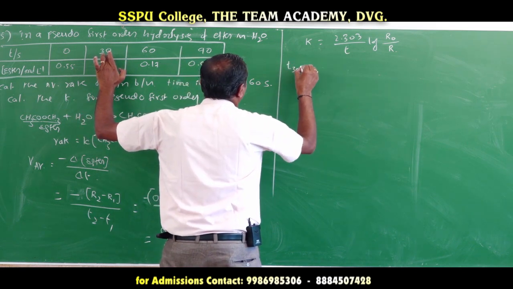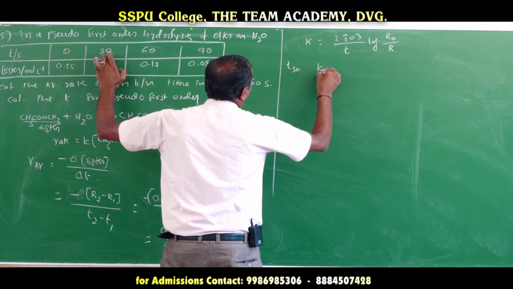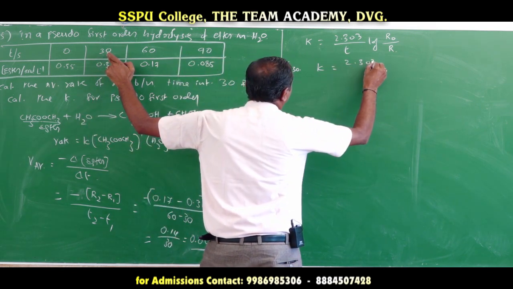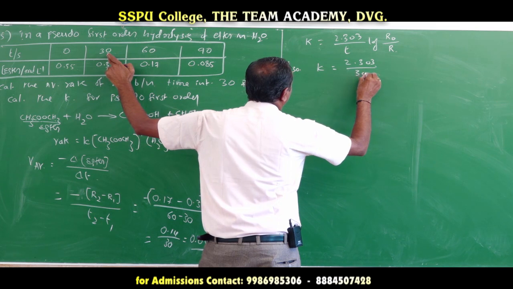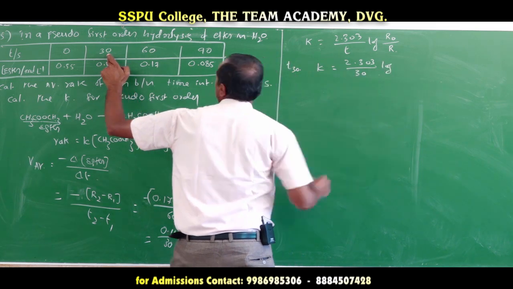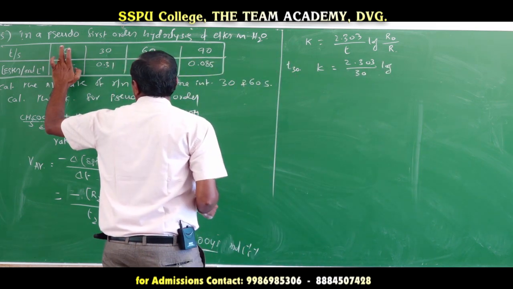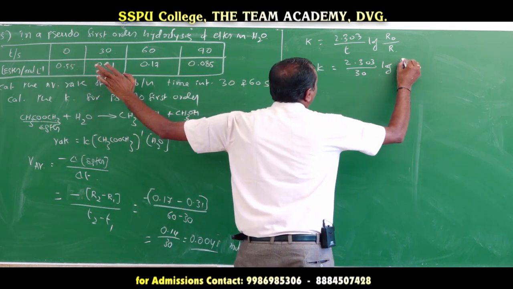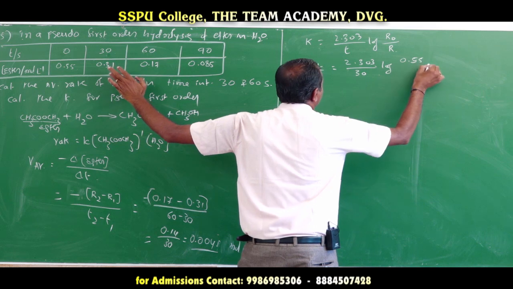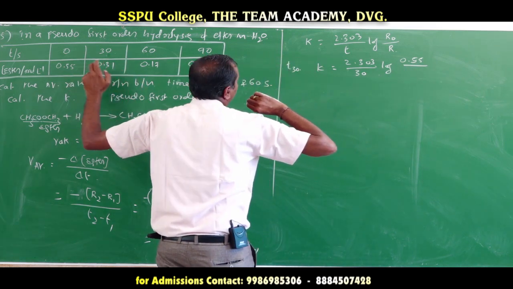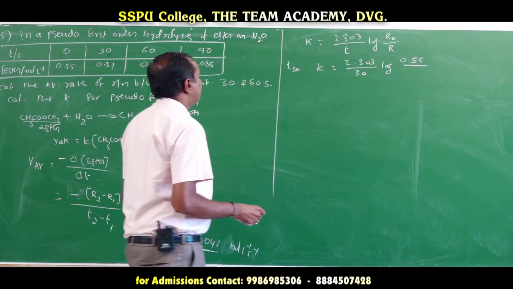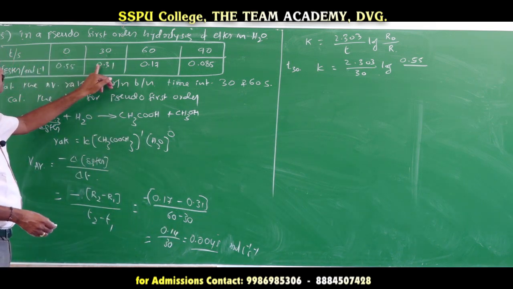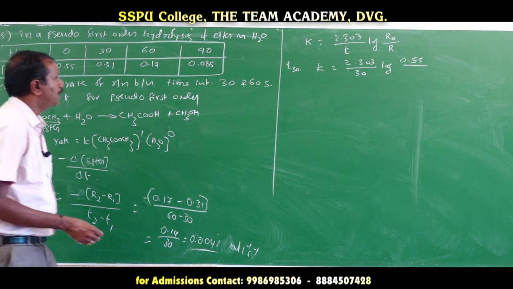If T is 30, then K equals 2.303 by 30, log of R0. R0 is the initial concentration when time is 0, which is 0.55, by R. R is nothing but the left over concentration at 30th minute, which is 0.31.